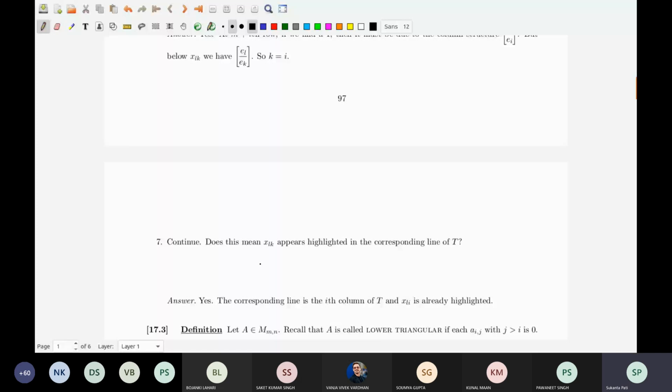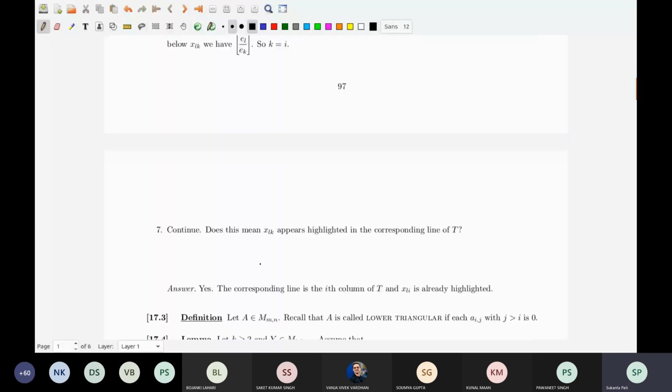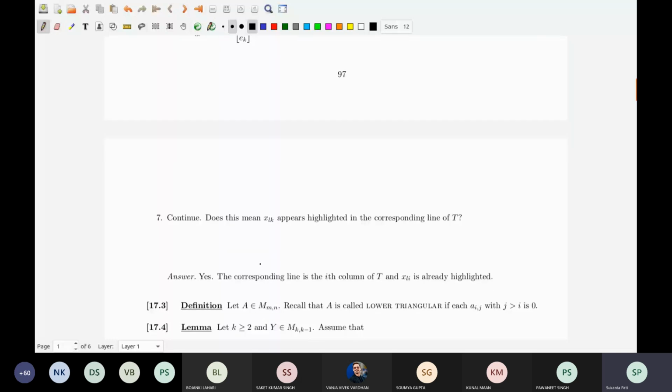Does that mean xlk appears highlighted in the corresponding line of T? Now yes, because the m plus ith row of B corresponds to the line, that is the ith column of T. And in the ith column of T, what are the variables there? Now it will be x1i. Remember, this is for x11, x12.